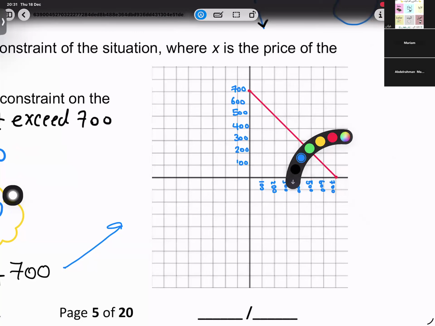For example, this point means the laptop x will be 400 and the printer y will be 300. For example, this point means the laptop is 200 and the printer is 500, and so on.